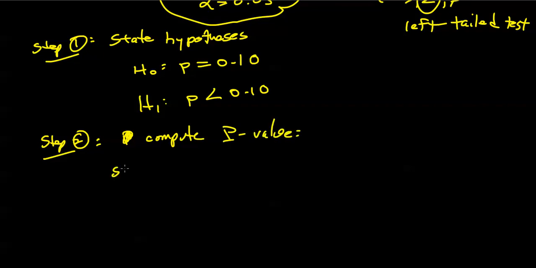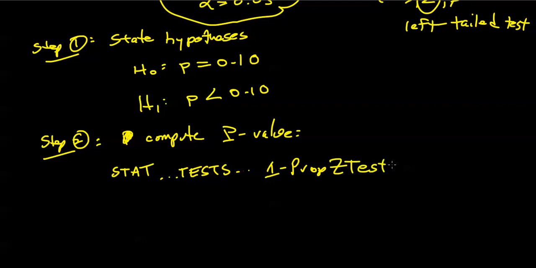And again, we will go to the stat command, tests, and again in this section we're going to be concerned with one proportion z-tests. One proportion because we're considering the claim about one proportion, z because we're basing our decision on z-scores of sample proportions, and tests because we're doing a hypothesis test here.